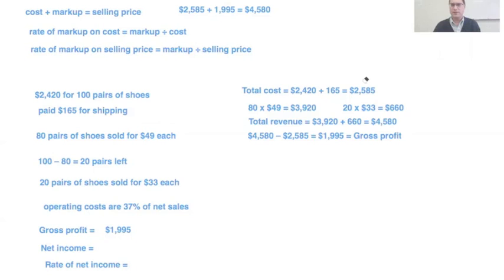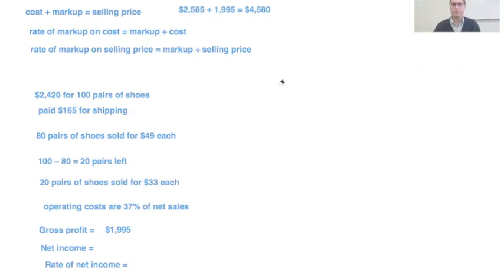Let's just get this stuff out of the way so that we can move on to the next part of the problem, finding the net income. Because here's the thing. It costs more to operate the store. It costs more in a sense to sell the shoes than just what the store owner paid for the shoes.